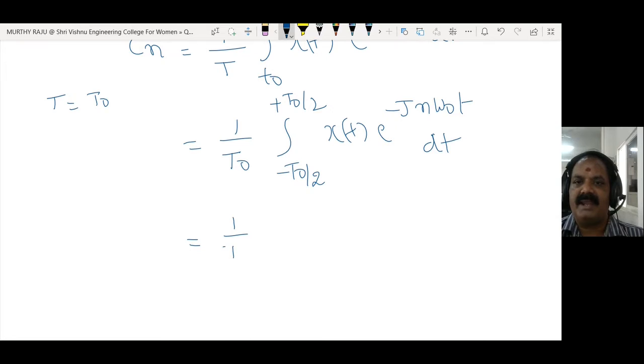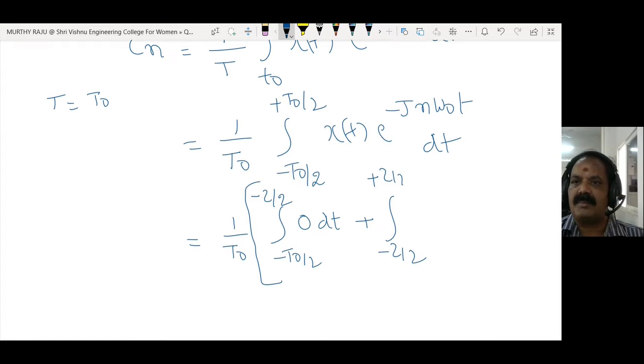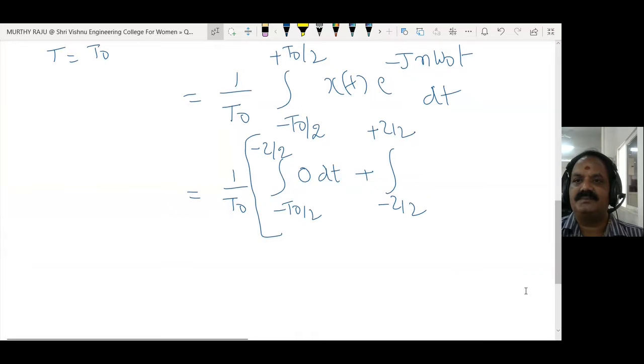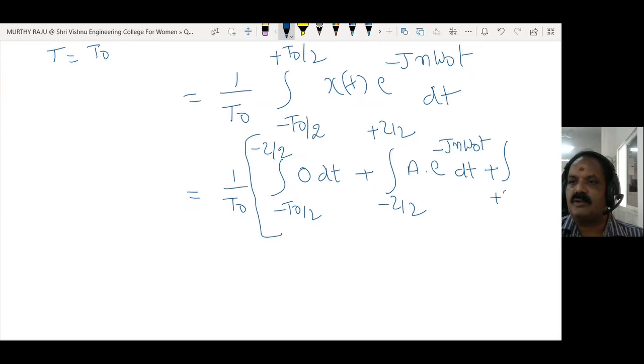That is equal to 1 by T0, integral from minus T0 by 2 to minus tau by 2, where the value of x of t is 0, 0 times dt, plus the integral from minus tau by 2 to plus tau by 2, where the value of x of t is A, A e power minus j n omega naught t dt, plus the integral from plus tau by 2 to T0 by 2, where again the value is 0 from that periodic function.